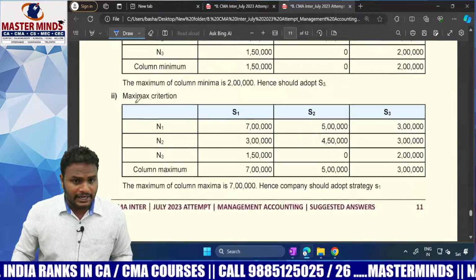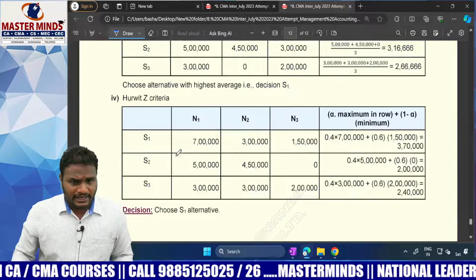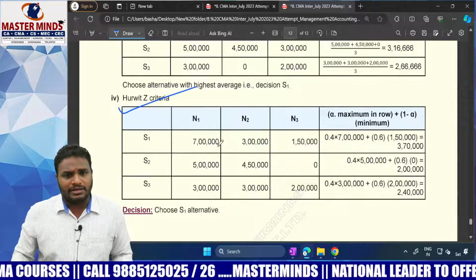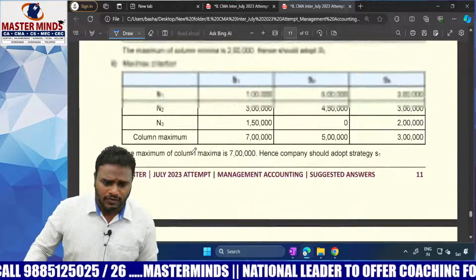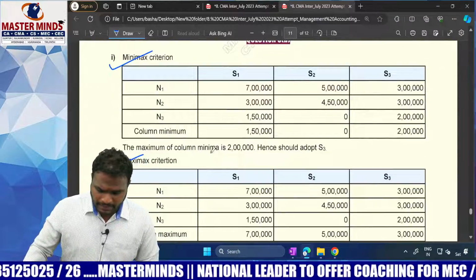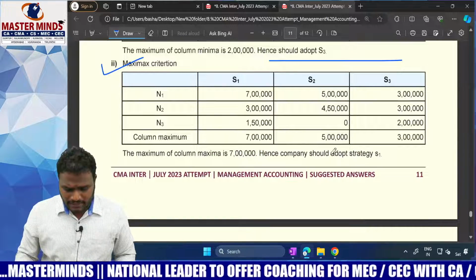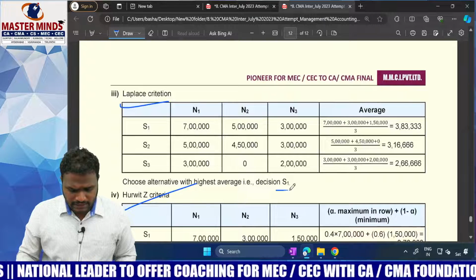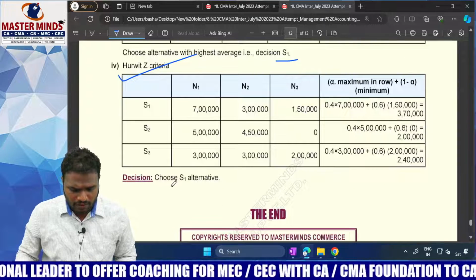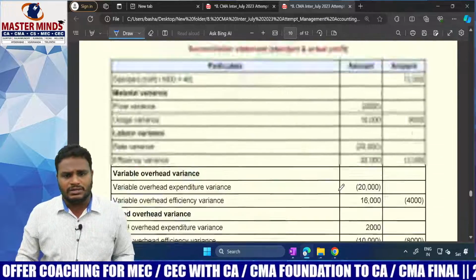Minimax criterion, maximax criterion, Laplace criterion, Hurwicz criterion. If you follow minimax, S3; if you follow maximax, S1; if you follow the Laplace criterion, S1; if you follow the Hurwicz criterion, S1. Choose the S1 strategy.